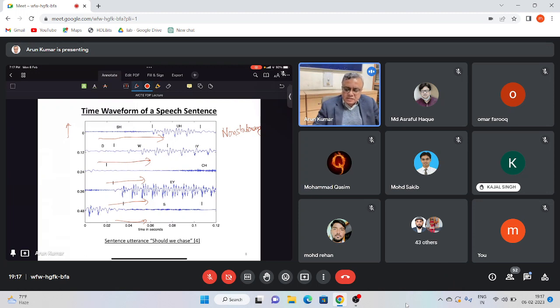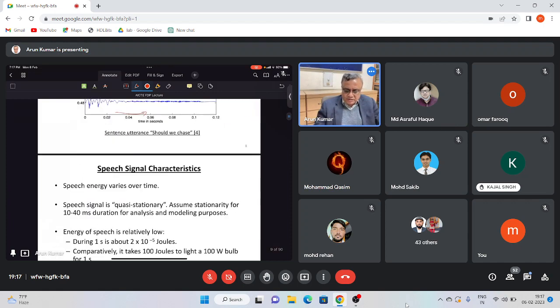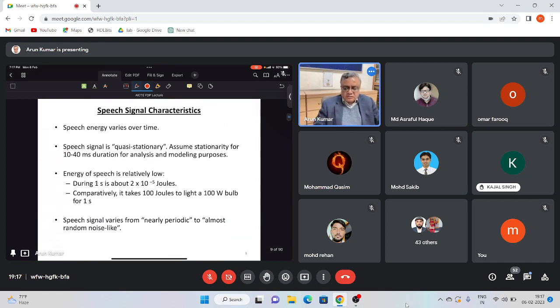So we generally say that the speech signal is a quasi-stationary signal, which means that we can assume that the speech signal is statistically stationary for 10 to 40 millisecond duration for the purposes of analysis and modeling.